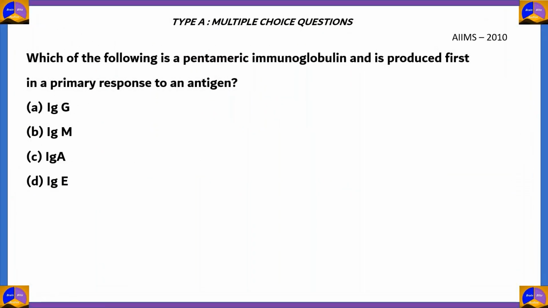Let's move on to this question. Which of the following is a pentameric immunoglobulin, and it is produced first in a primary response to an antigen? So we need to find out which of these is pentameric. Now, that clue gives us an instant bonus, because we know that option A, option C, and option D are all incorrect, because they are monomers.